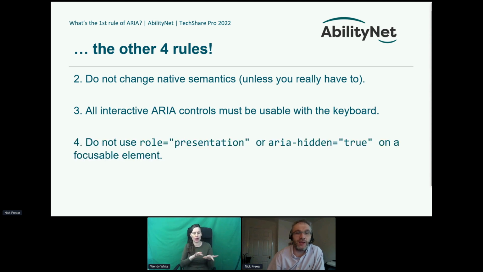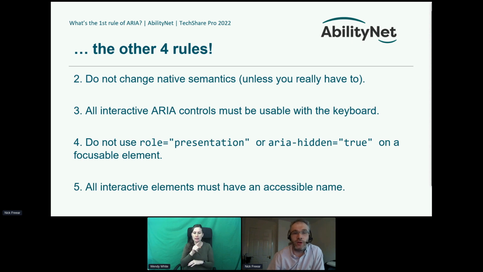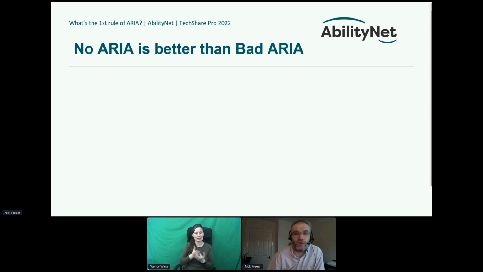Don't hide things that should be focusable using role equals presentation or ARIA hidden equals true, and all interactive elements must have an accessible name. So those are the rules that are out there. I'm just repeating what other people have said. This isn't anything that's actually new.